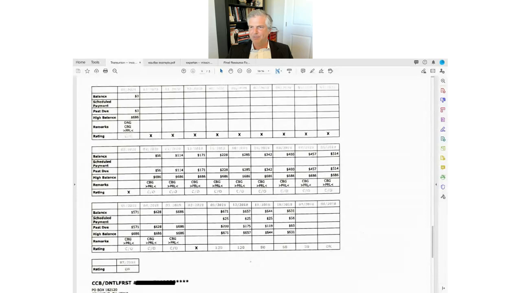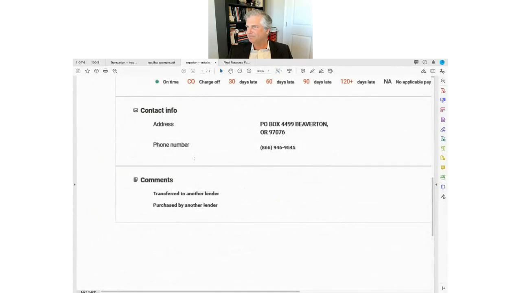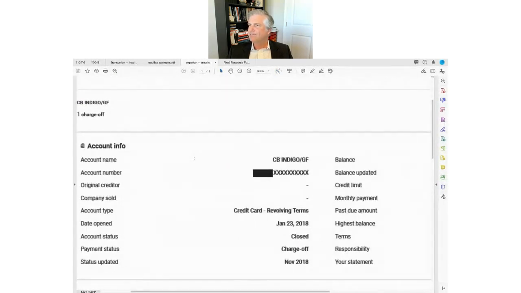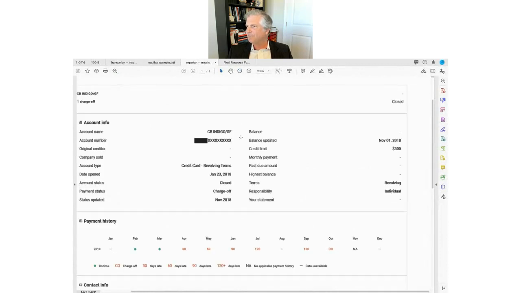Darren, past due amount, if it's sold to a debt buyer, shouldn't the original creditor stop reporting a balance and a past due? Absolutely. Yeah, if it's been sold, now the balance is zero, okay? It can show historically that we owe money. So let me find an example here. So this Experian one, see how the balance is zero or there's no data there.